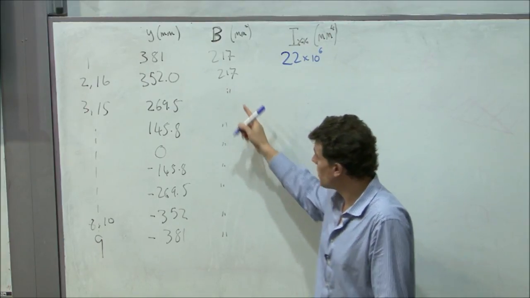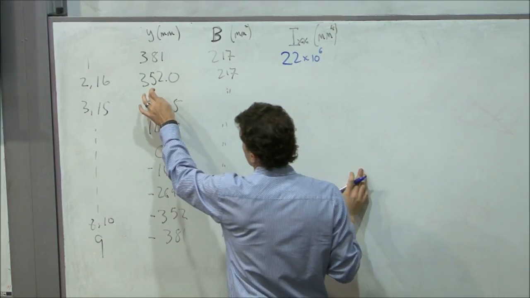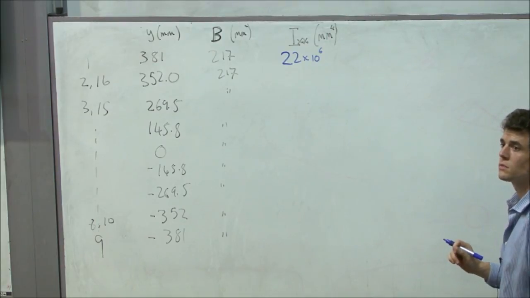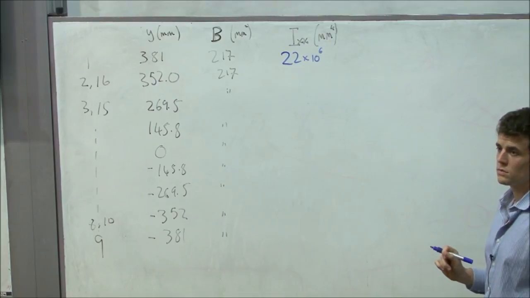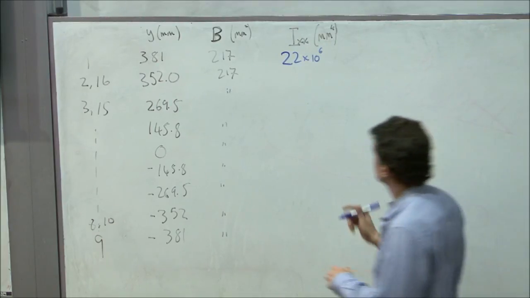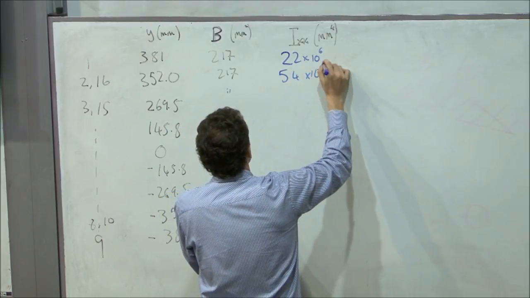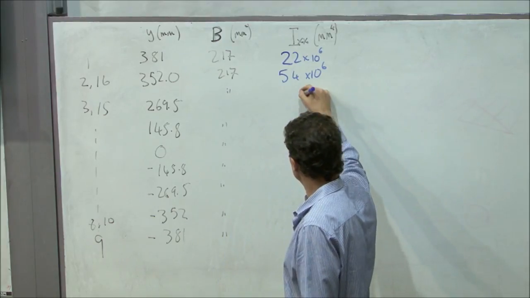Okay, the next one, remember we've got to double it, so it's 2 times 217 times 352 squared. That's 54 by 10 to the 6. And you can keep going.